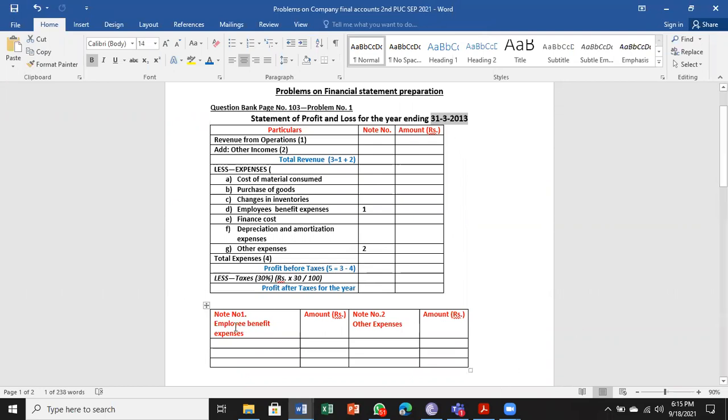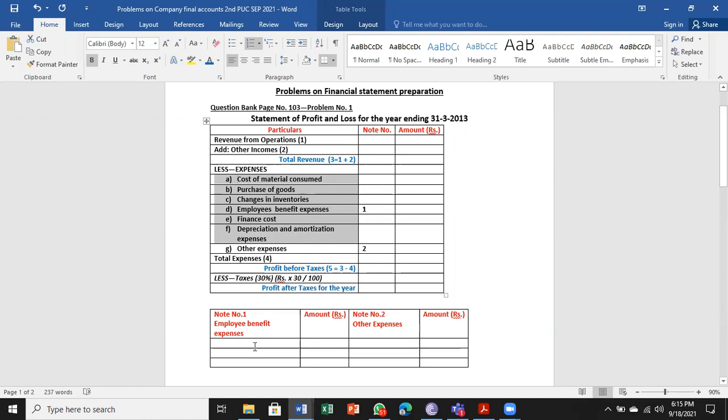Then I have got note number 1 and note number 2, as you can see here. If there is more than one expense under any of these 6 items, cost of material, purchase, whatever, if you have more than one amount, we have to prepare a note.